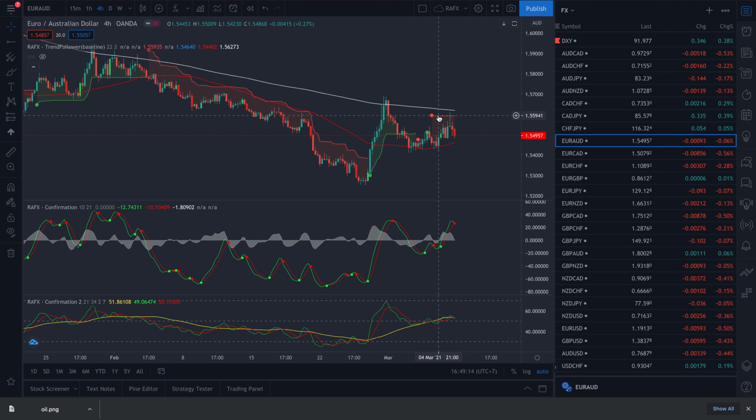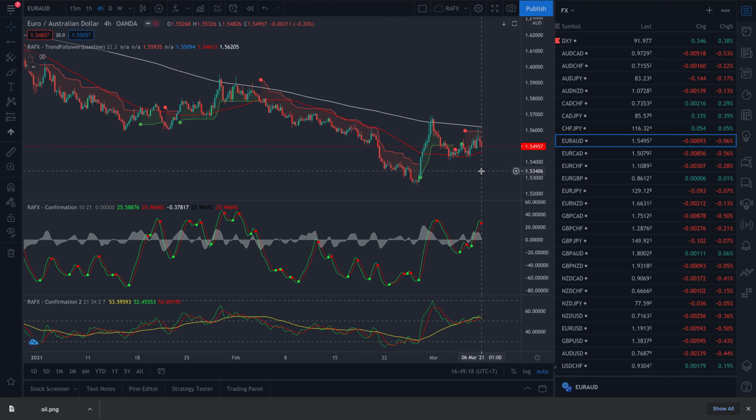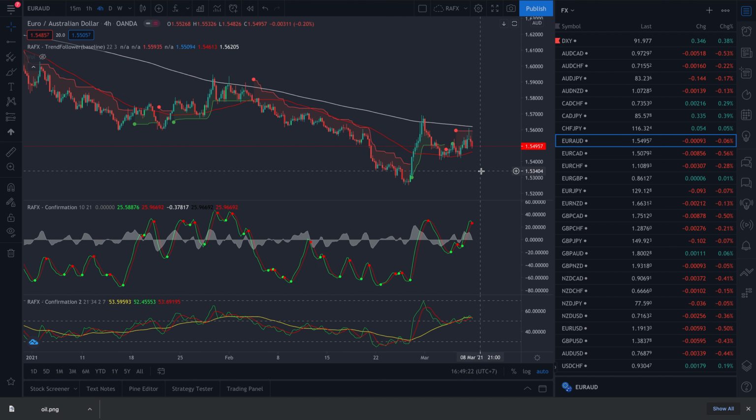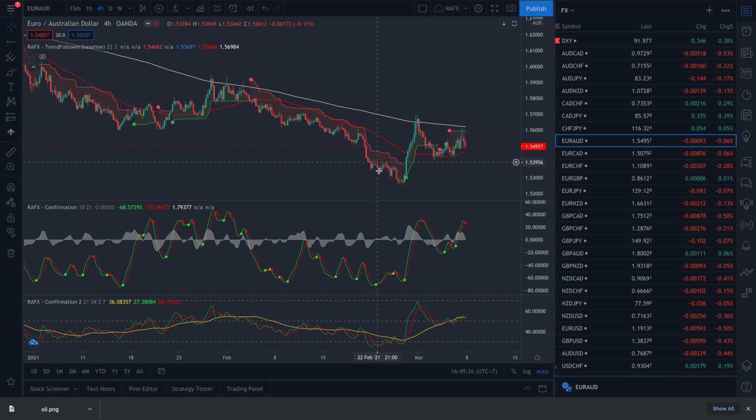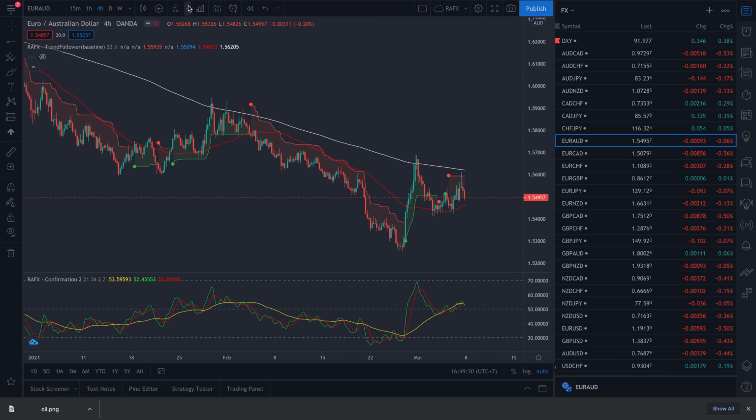So in this case, I am going to find a support level in this area. How I am going to do that is I am going to use my one indicator to let me determine where the support and resistance is.